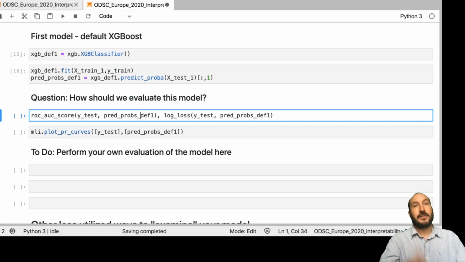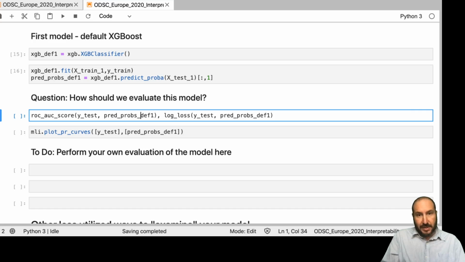The next question is, how should we evaluate this model? Common things I like to use for binary classification are the AUC score, the log loss, and precision recall curves. I'm not going to go into too much detail.